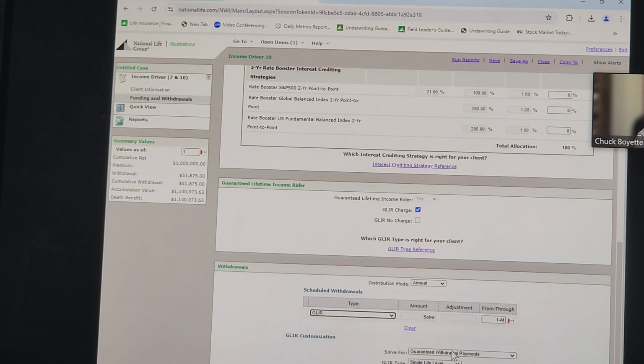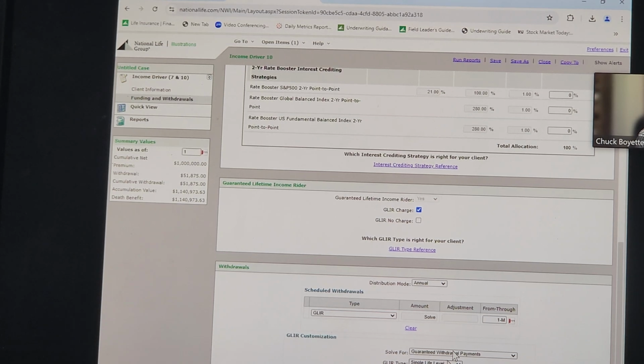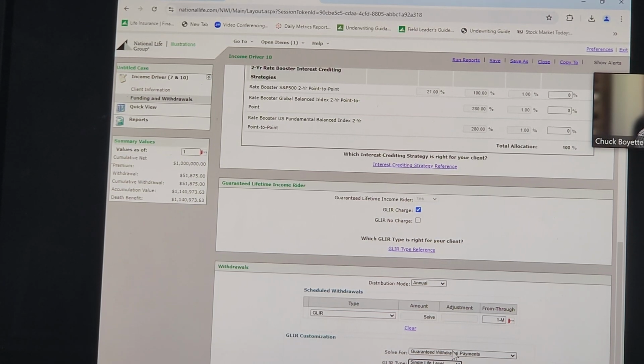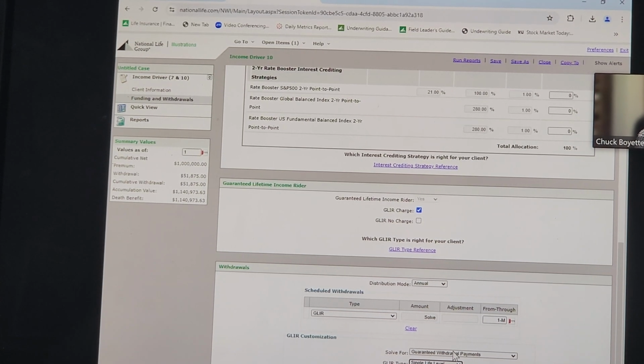All right, and then we're going to go down to our rider customization. We're going to leave it on guaranteed withdrawal payments, and then the rider type. It's what we discussed earlier, those 4 options. We're going to leave it on single life level because he wants to get the highest income possible now. And where it says income doubler, again, you can click on the term and it'll define it for you.